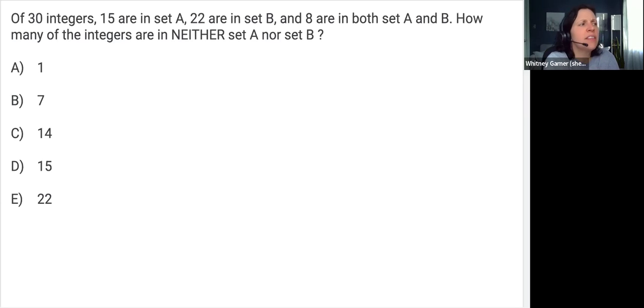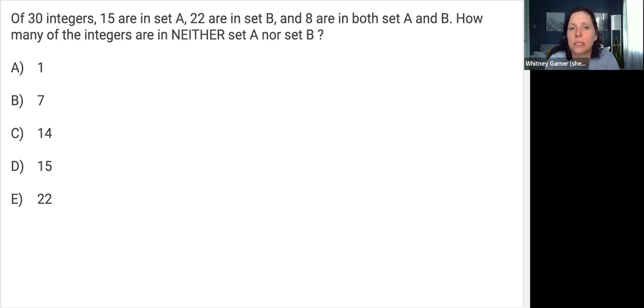So, given this problem, I want you to take a moment and type up to me in the chat window, where do you think this name overlapping sets comes from? What does that mean, overlapping sets?